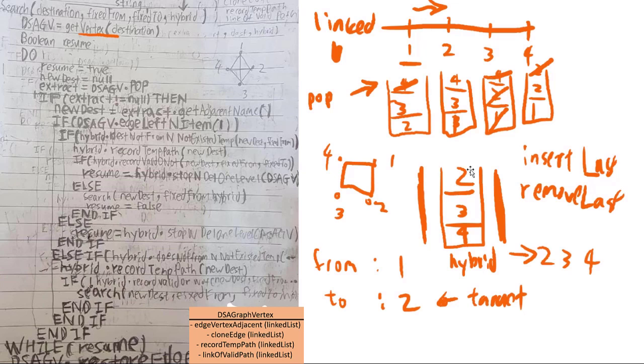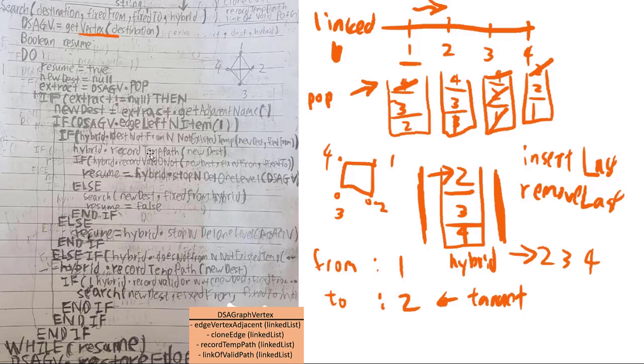So initially, after you record this one, I forgot to mention to you, when you call the record item path, after you record it, you will insert here. Initially, our new destination is recorded in here.